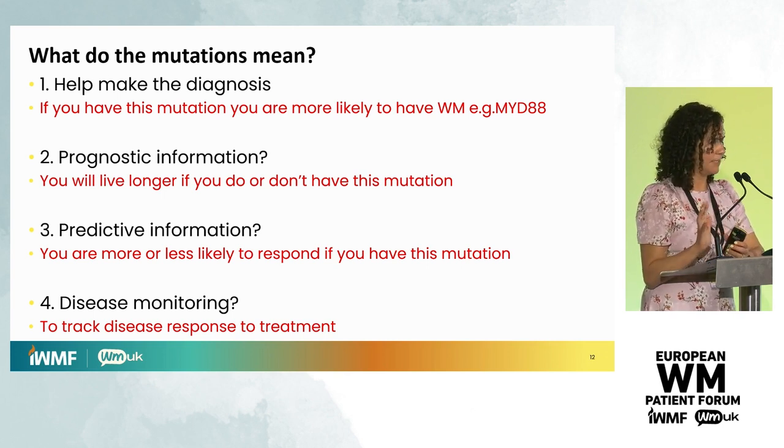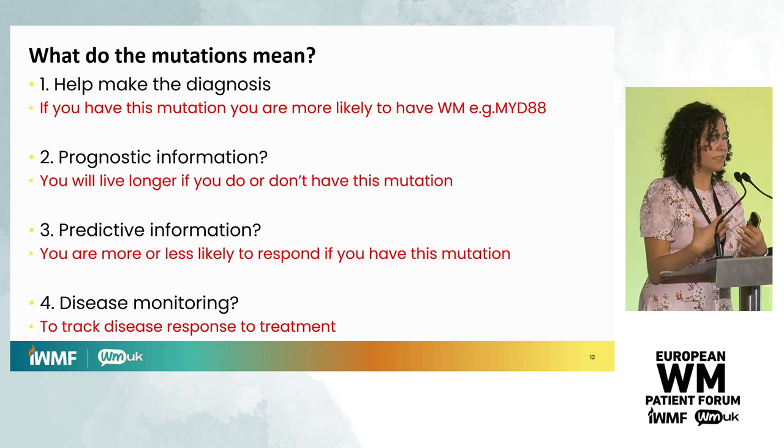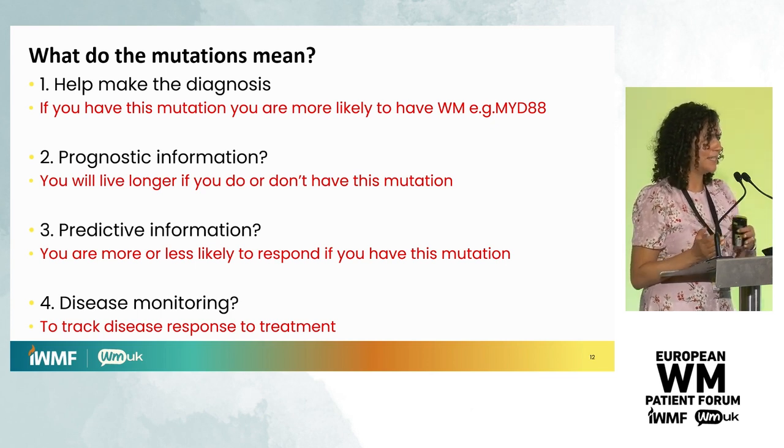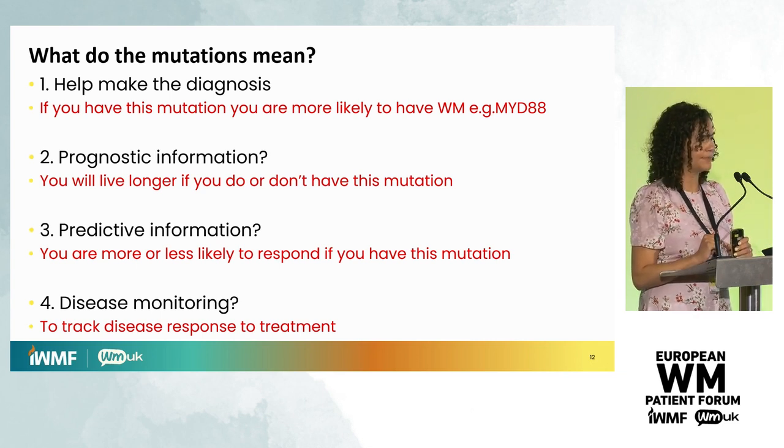So around 80 to 90% of WM will have a mutation in this MYD88. I told you that we sometimes need to try and differentiate Waldenstrom's from other low-grade lymphomas. Seeing this mutation helps us differentiate, and if we see it, it points us more perhaps towards Waldenstrom's.